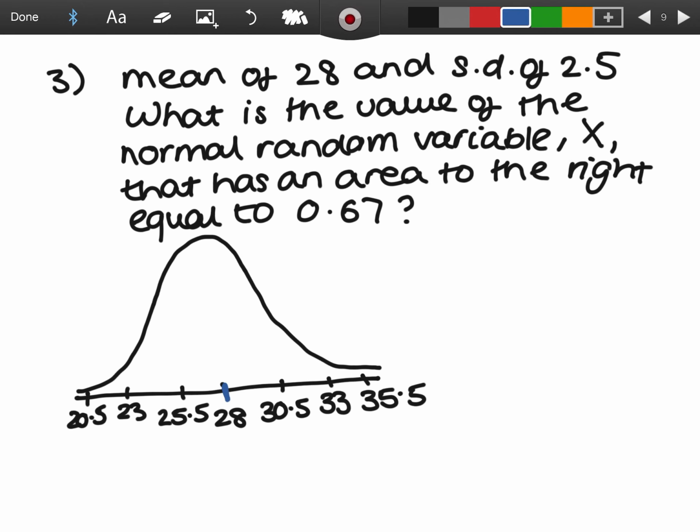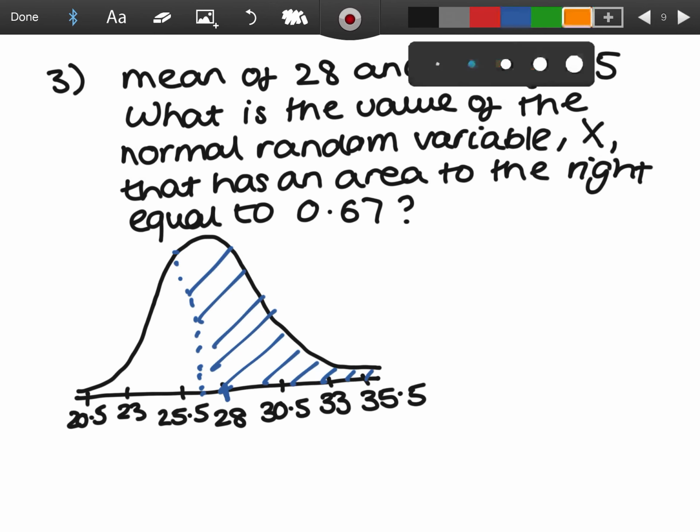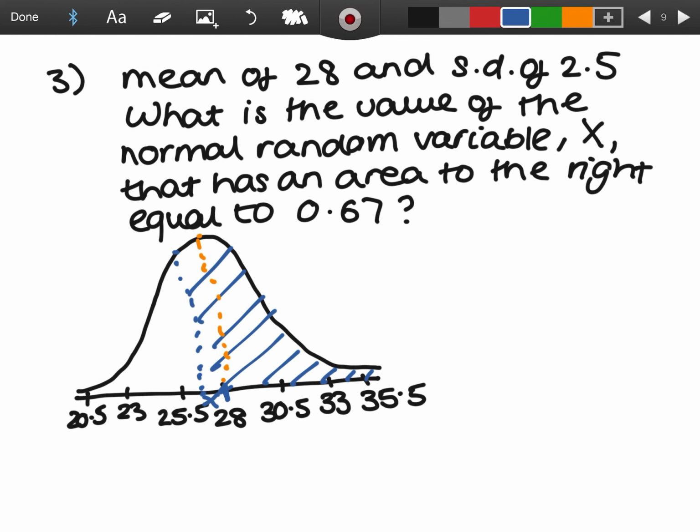So if the area to the right of this particular variable is equal to 0.67, I'm probably going to be somewhere to the left of the mean, because I know to the right of my mean I've got 0.5. So I need a bit more than that. I need a bit more than 0.5 to get me to 0.67. So I'm probably somewhere around where that blue dotted line is. That's roughly where my variable x is going to lie. I need to find that variable x.